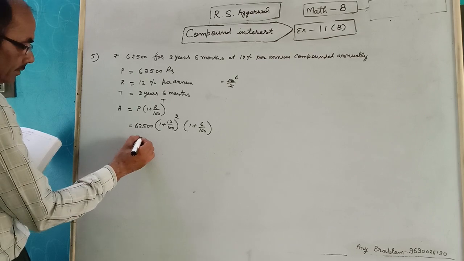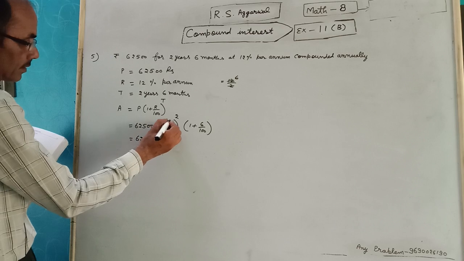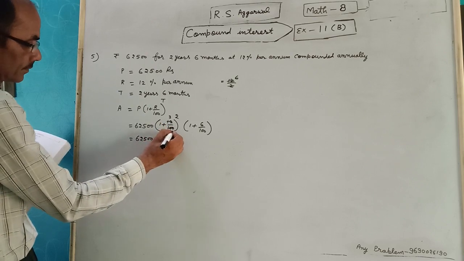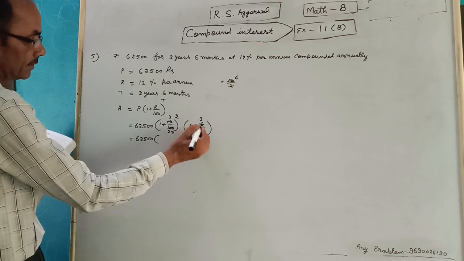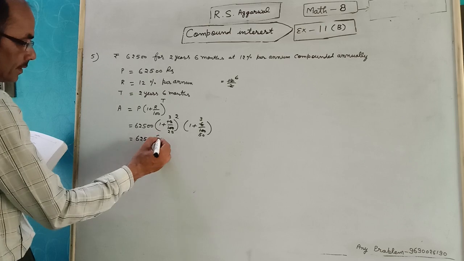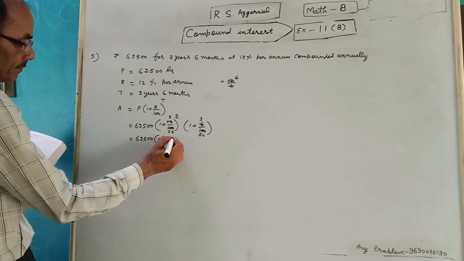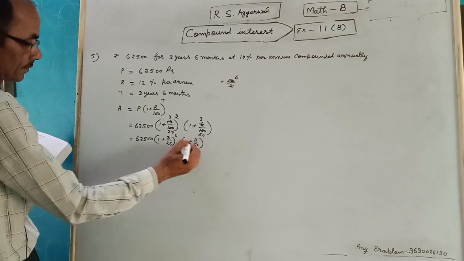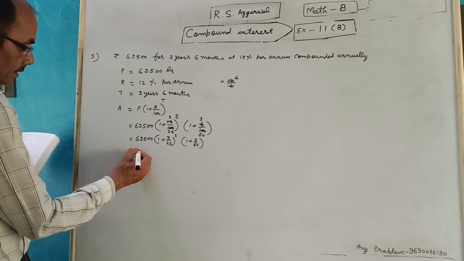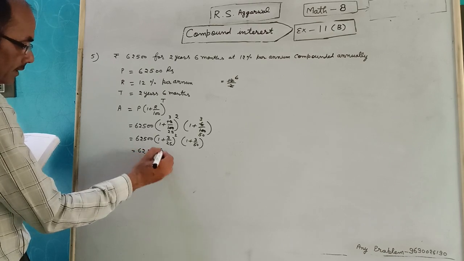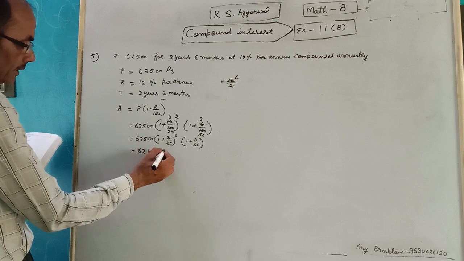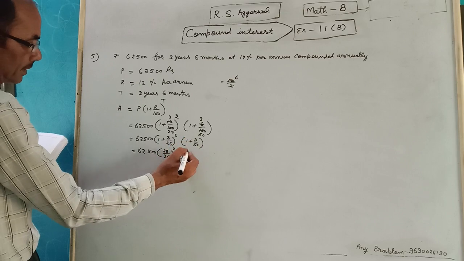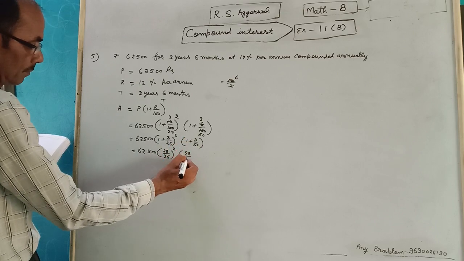Do the simplify. 1 plus 3 upon 25 has power 2. 1 plus 3 upon 50. 62,500. 25 plus 3 is 28 upon 25 has power 2. 50 plus 3 is 53 upon 50.